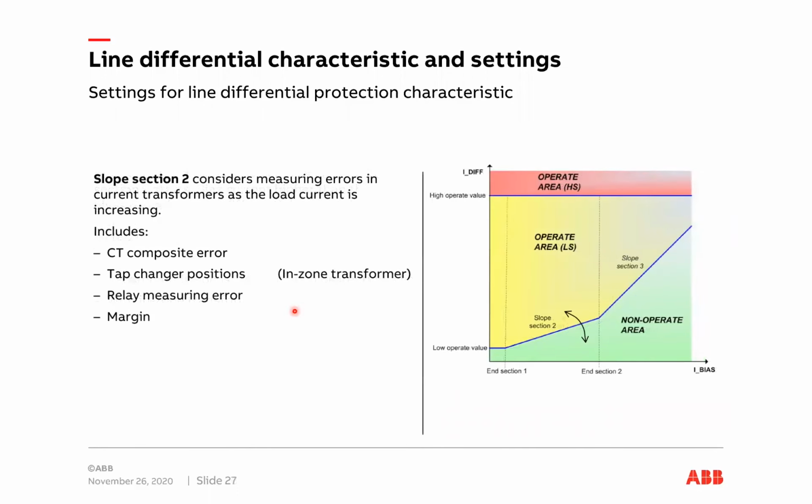That comes into the picture for the slope section 2, where we include the CT composite error and the tap changer position, and a relay measuring error, and also again a margin.